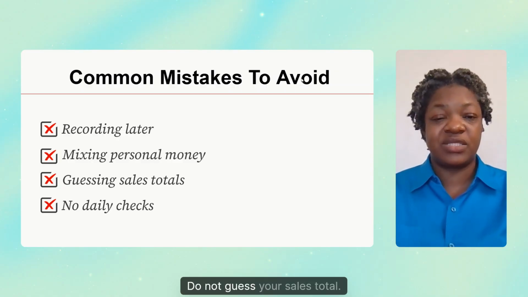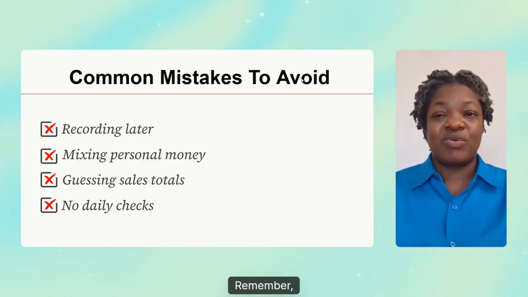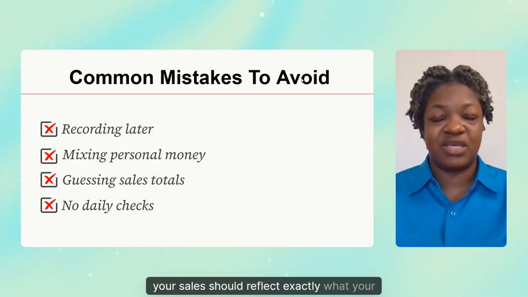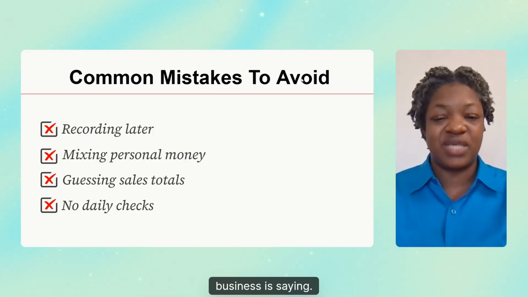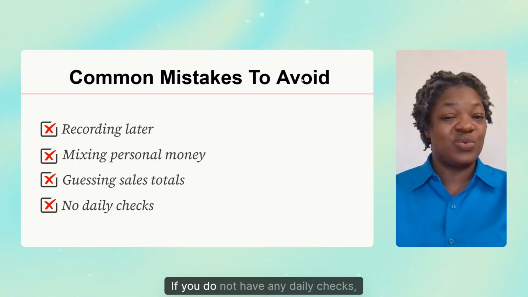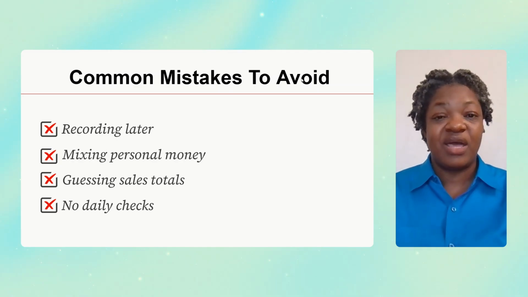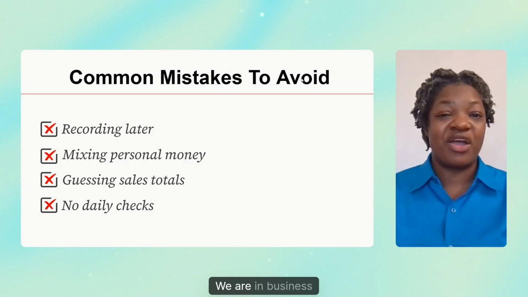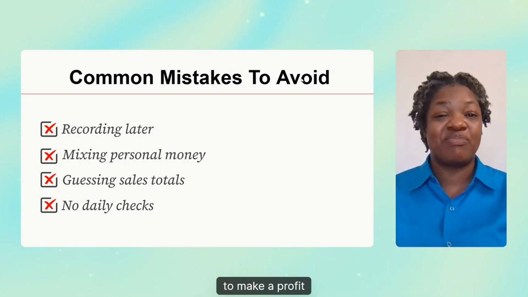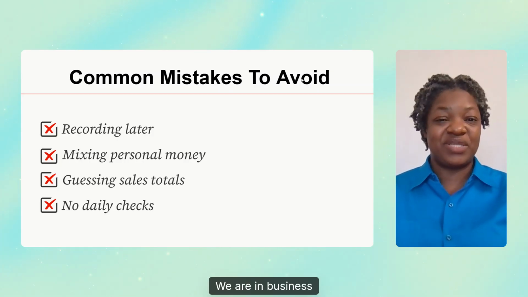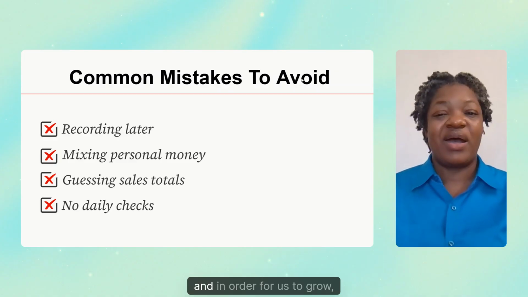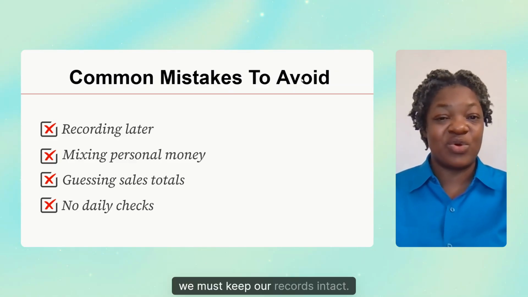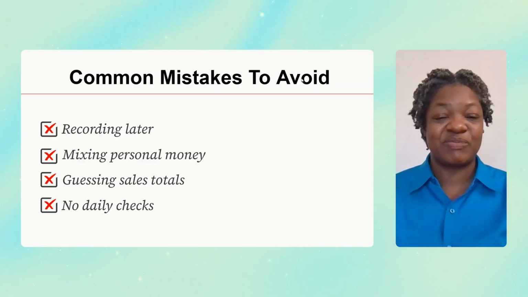Do not guess your sales total. Remember, your sales should reflect exactly what your business is saying. If you do not have any daily checks, then you cannot assess your business. We are in business to make a profit. We are in business to grow. And in order for us to grow, we must keep our records intact.